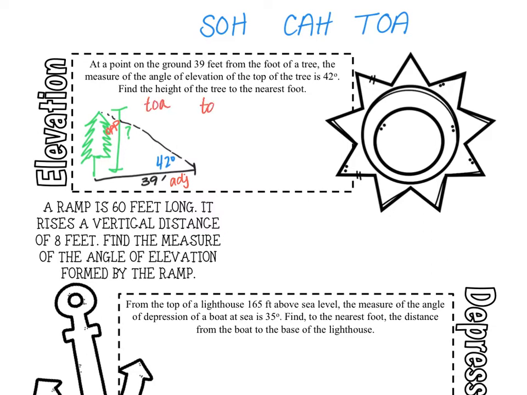So tangent, excuse me, of my angle measure. In this case, my angle measure is going to be 42 degrees. Is going to be my opposite length. Well, my opposite length, I don't know, so I'm going to use x over my adjacent length, which is 39. And so I'm going to first solve for tangent of 42.